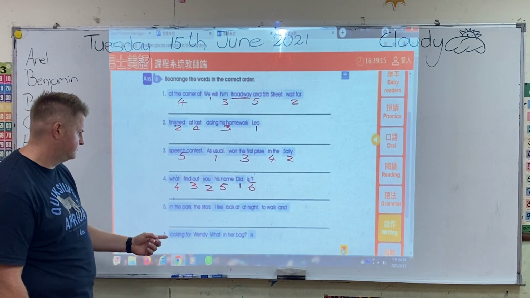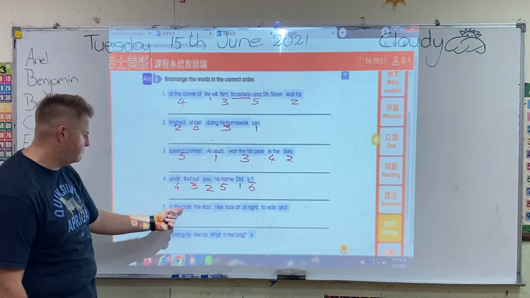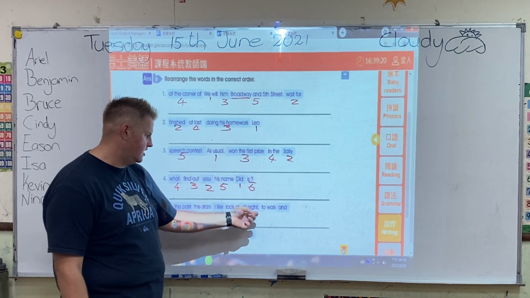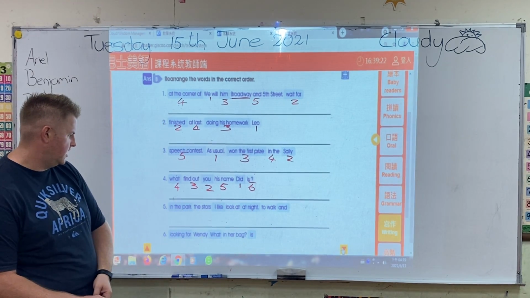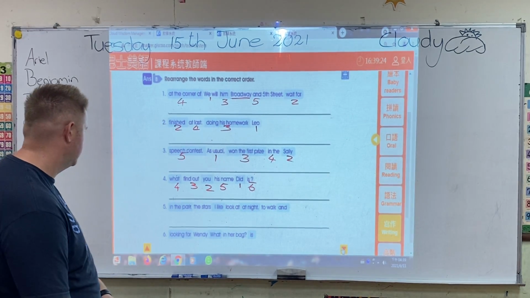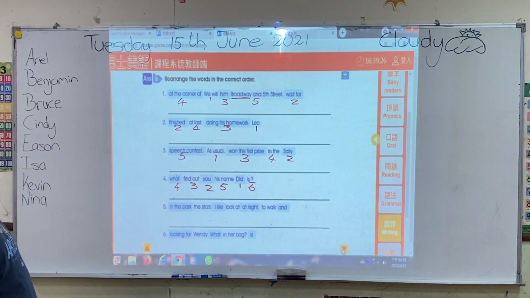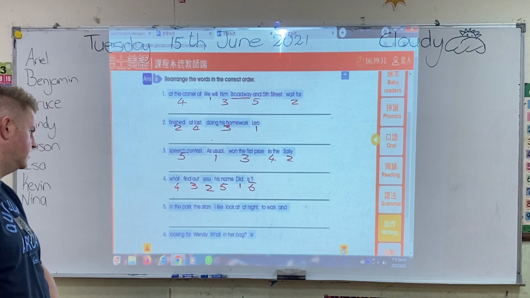Number 5. In the park, the stars, I, like, to look at, night, to walk, and.